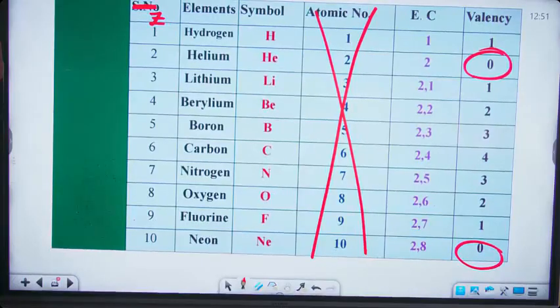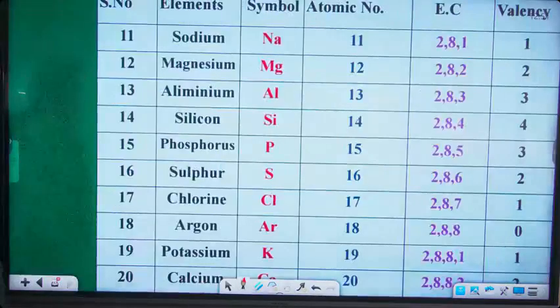The valency will become 1, 2, 3, 4, then again 3, 2, 1. Finished? Then the other 10.